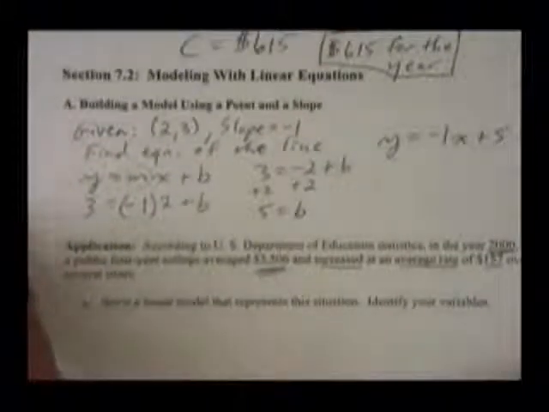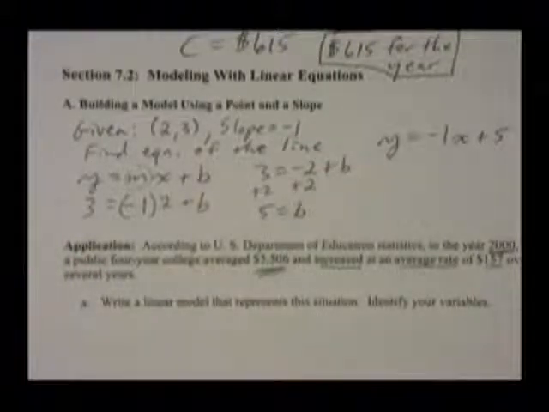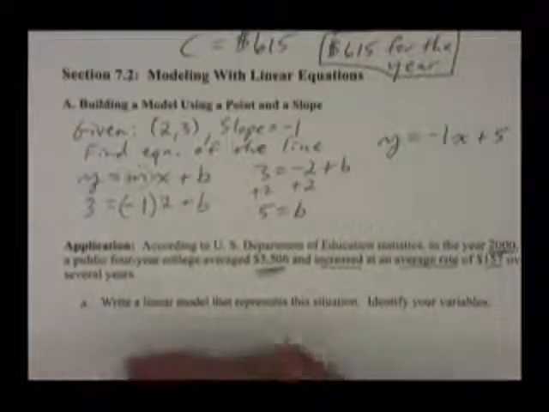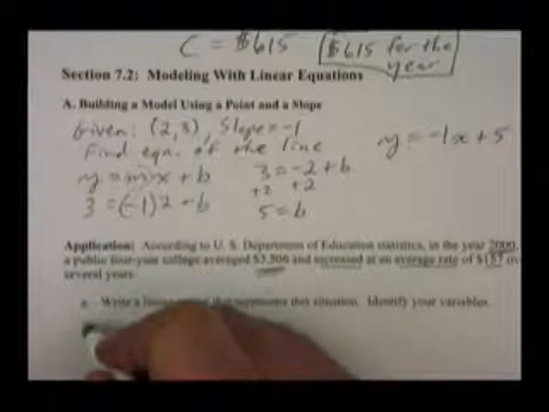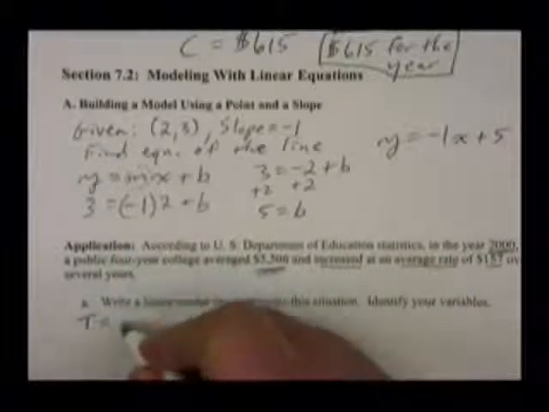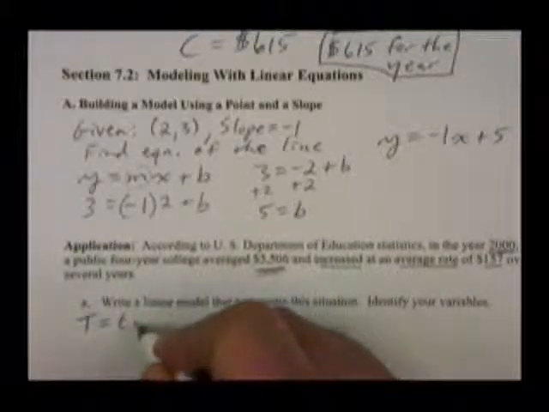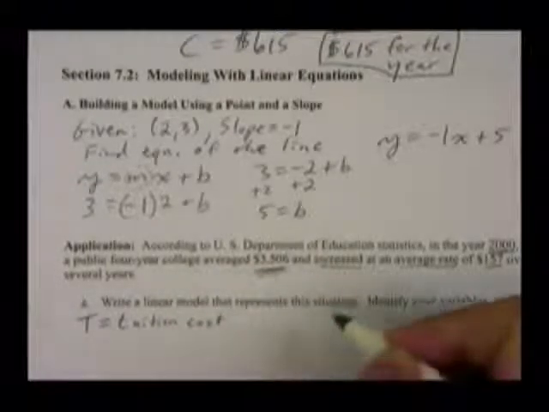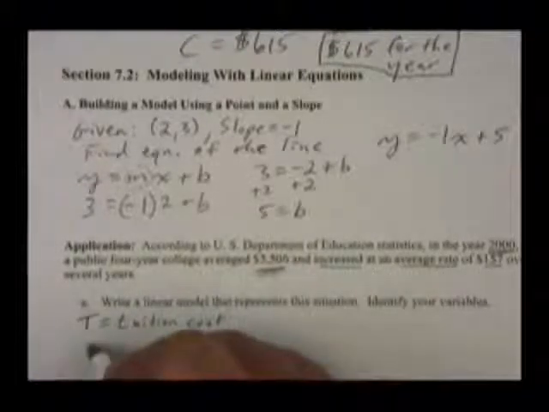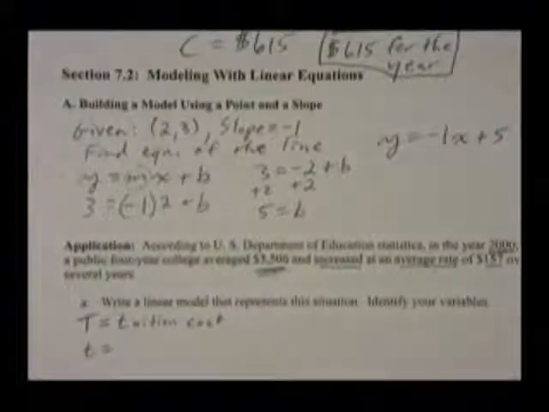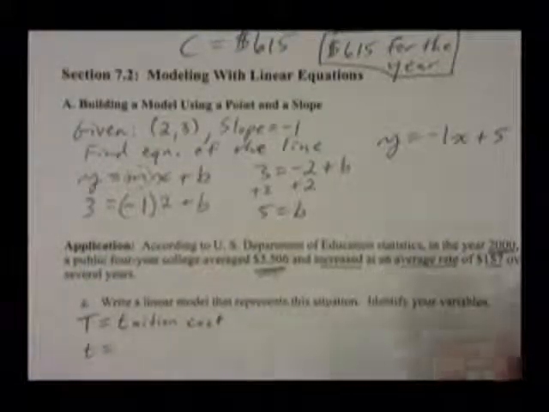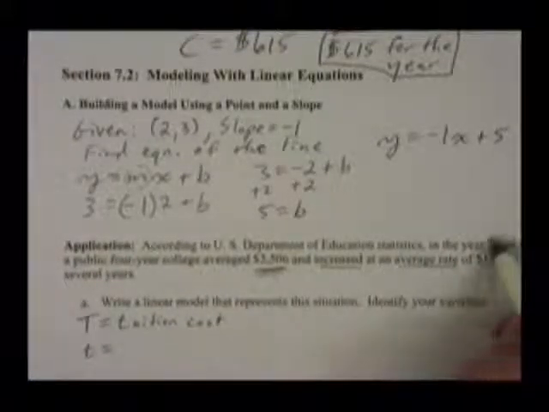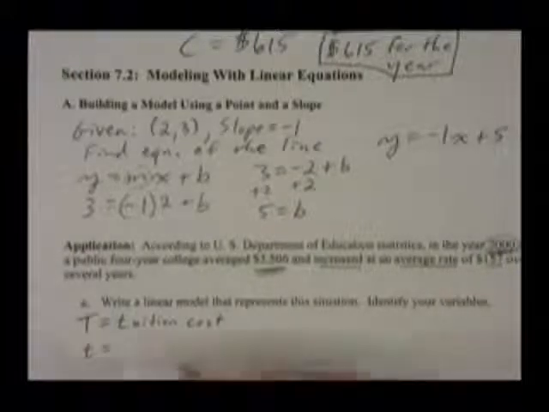What we need to do is identify our variables first. Our variables are the 2 things that are changing. The 2 things that are changing are the tuition cost, so T is going to be my tuition cost, and little t is going to be the year. But what I want to do is get everything in relationship to the year 2000.